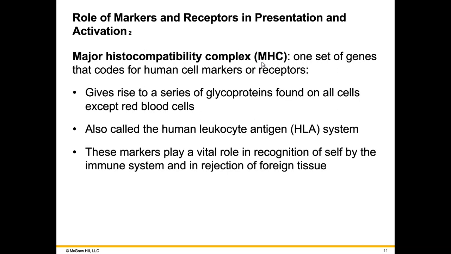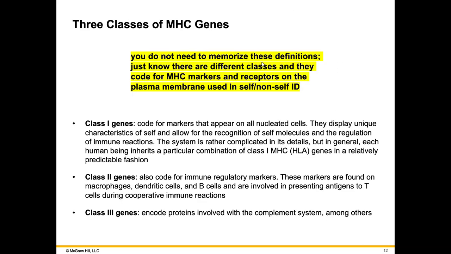Some textbooks will call this, including ours, it'll use both terms, the HLA system, but it's basically a description of the types of MHC genes that you have. But these markers play a vital role in recognition of self by the immune system and in rejection of foreign tissues or cells. Now, I'm going to show you all the three classes of genes.